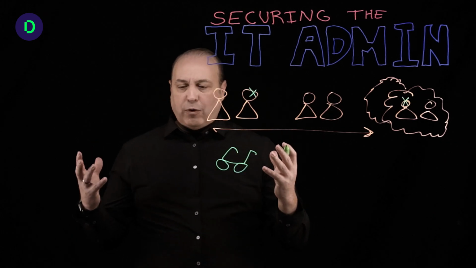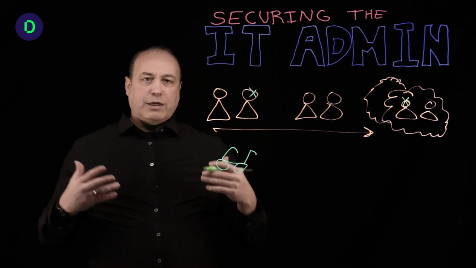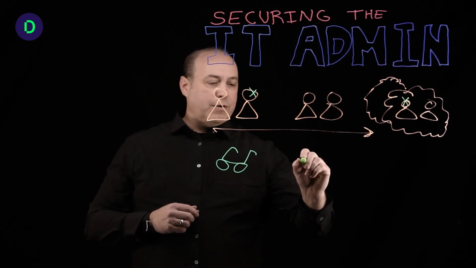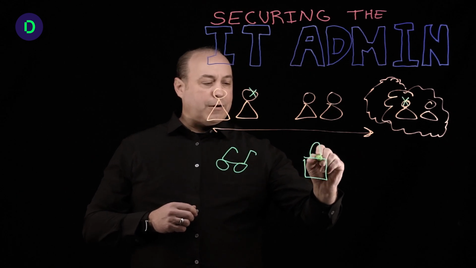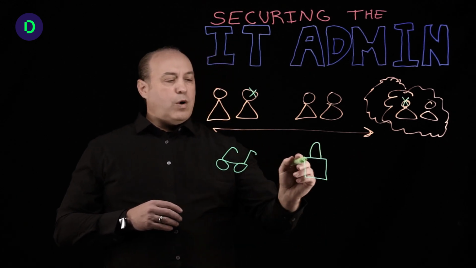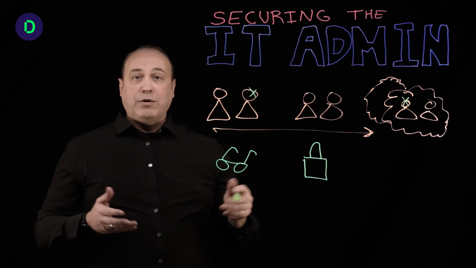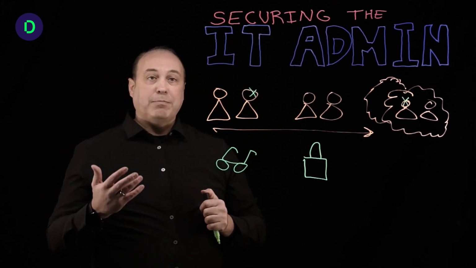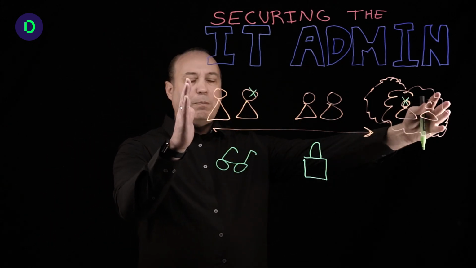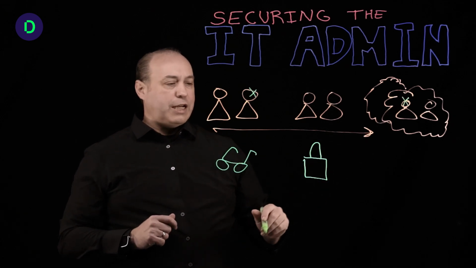So once you have that full picture, now you can start securing those admins. Here's a nice lock, because what does Peter Drucker say, if you can't measure it, you can't manage it. Well, now you have this full picture of privilege across your organization.